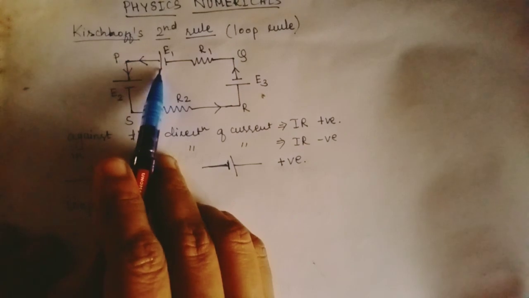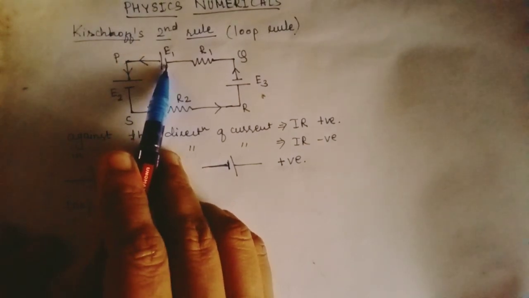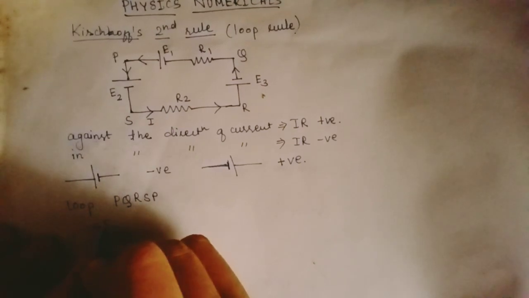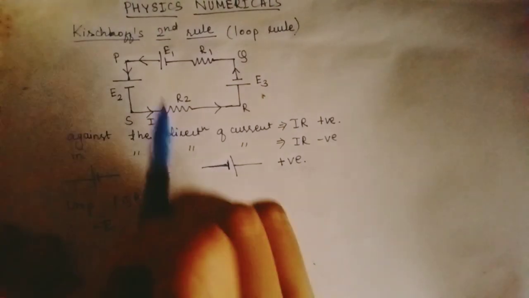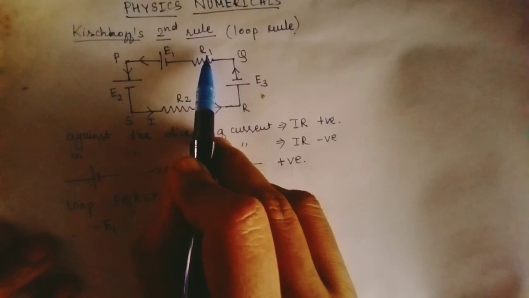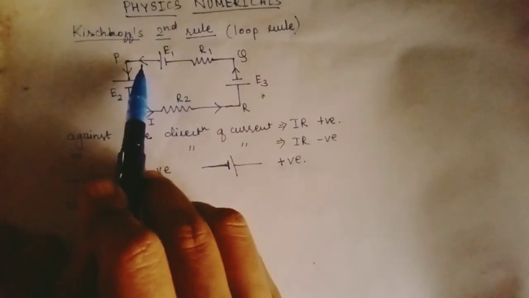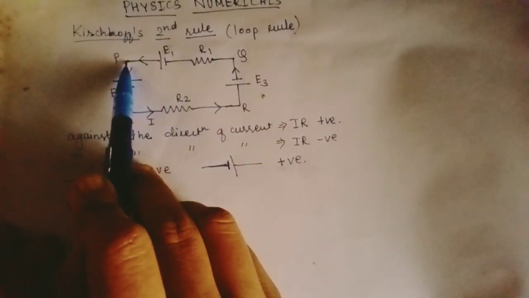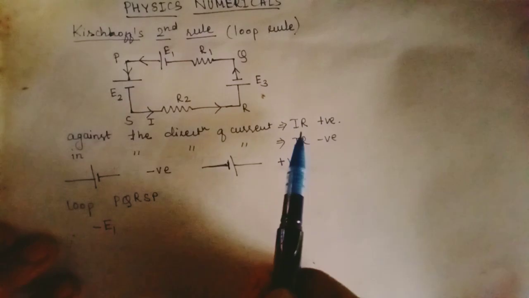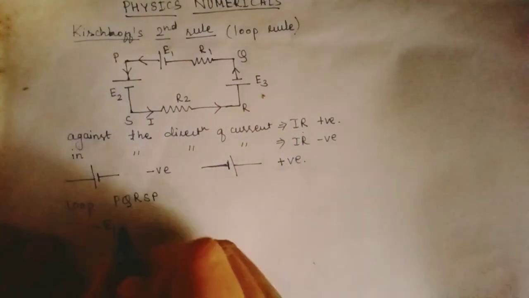You see positive and then negative, so ending on negative, you have to take the negative sign. Moving forward, here there is R1, so you write the product of I and R1. We are moving against the direction of the current, so the product IR1 will be positive.